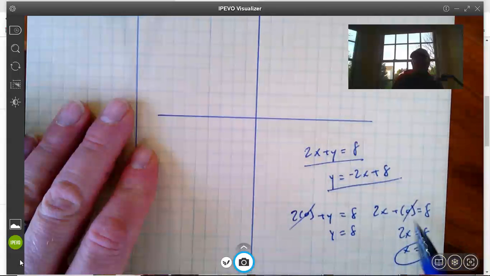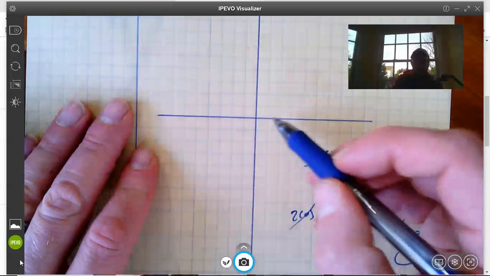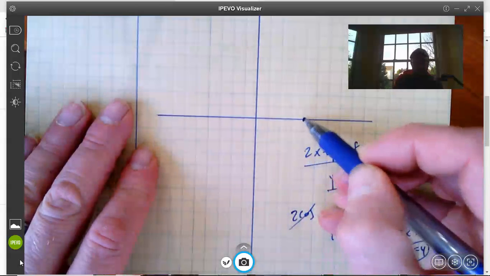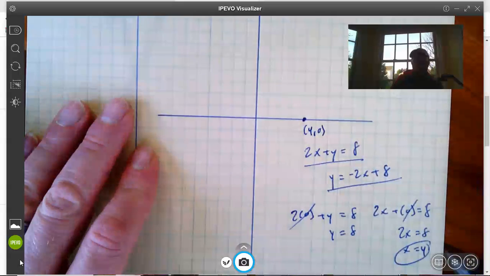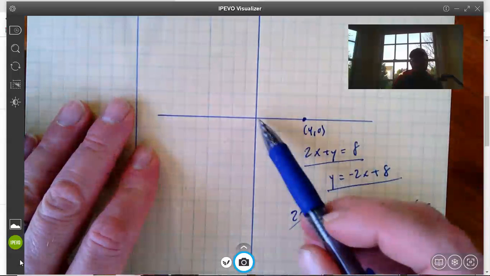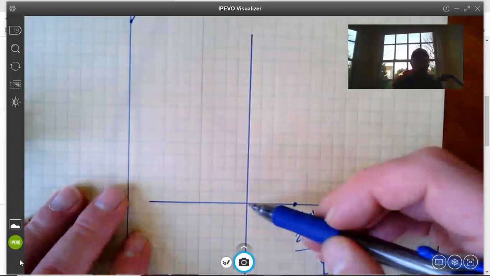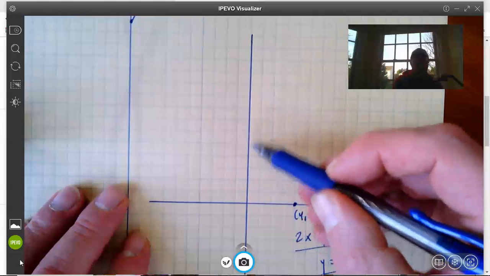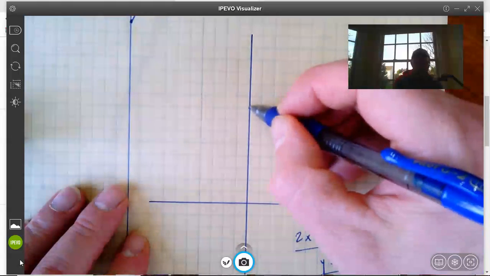So when y is 0, x is 4, and y is 0 at 1, 2, 3, 4, 0, and when x is 0, y is 8. So x is 0 right here on the y-axis. 1, 2, 3, 4, 5, 6, 7, 8.